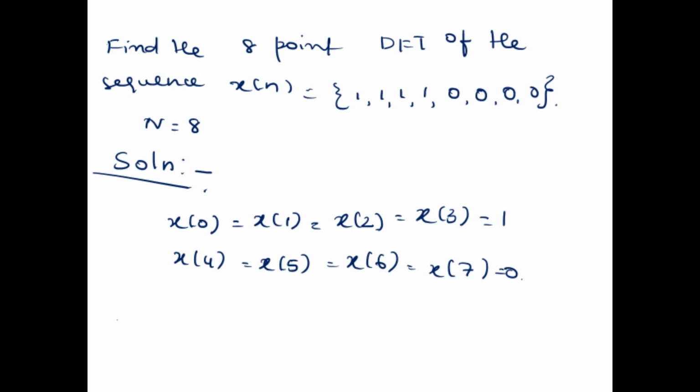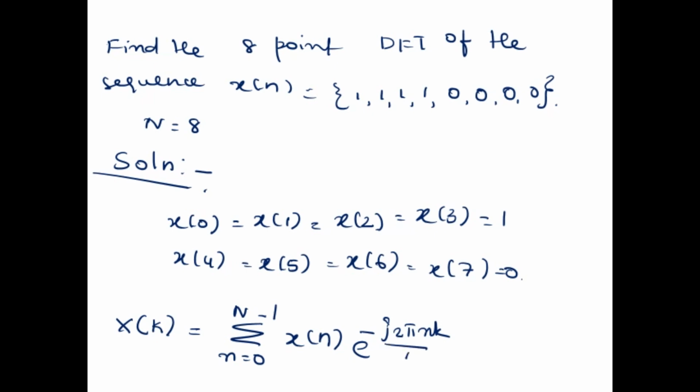We know the DFT formula. X of k is equal to summation n is equal to 0 to N minus 1 x of n into e power minus j 2 pi nk by N, where k varies between 0 to N minus 1. Now we have to substitute the values in the above equation.